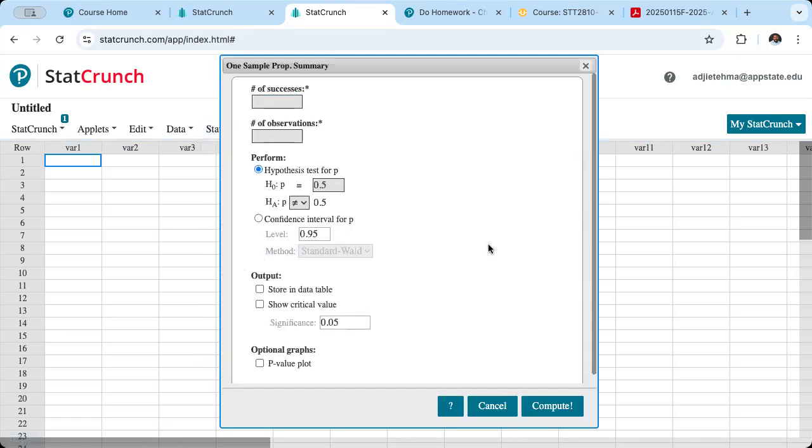We'll click on this here. Is that okay? So now, what is the total number of observations? 330. And then we are told that they find that 144 will say yes. So the number of successes, where success is people who are going to say yes to the referendum, is what? 144. Does that make sense?